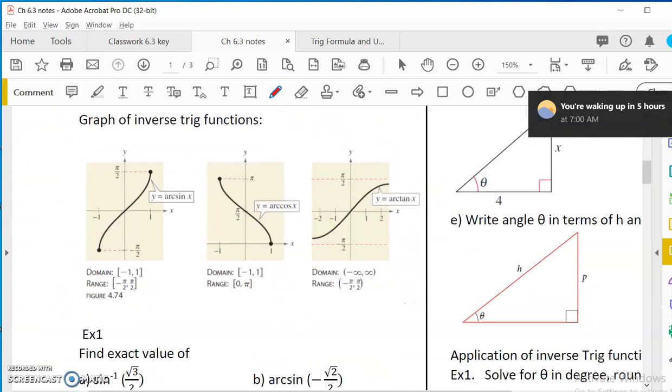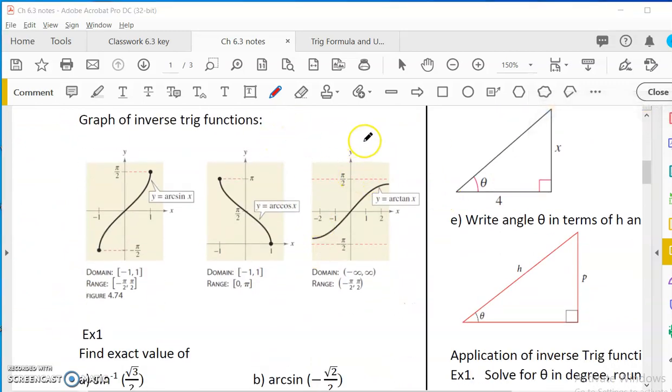How do I graph the inverse trig functions? They can be graphed by reflecting the original sine, cosine, and tangent functions, by switching x and y, right?